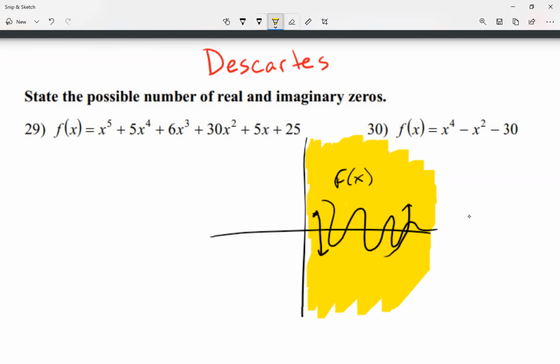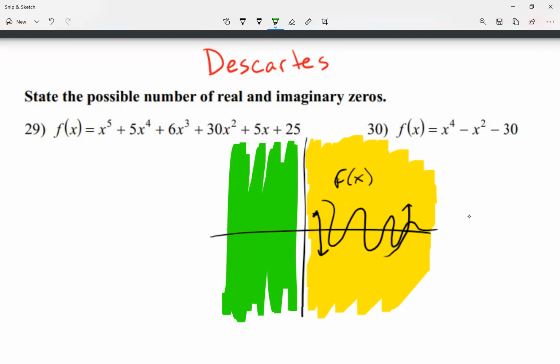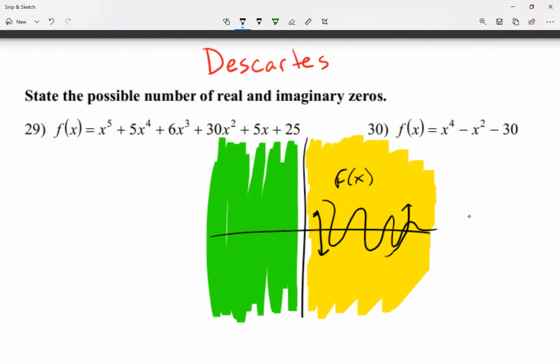But then he figured, what if I look at the left side of the y-axis? In this case, he was looking at f of negative x. And again, he's just going to be looking at the signs, because I could cross the x-axis from positive to negative, or from negative to positive. We're going to look at both cases, and then we're going to see.